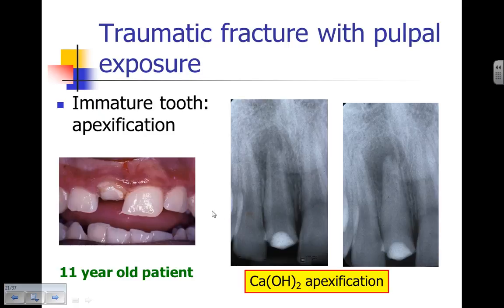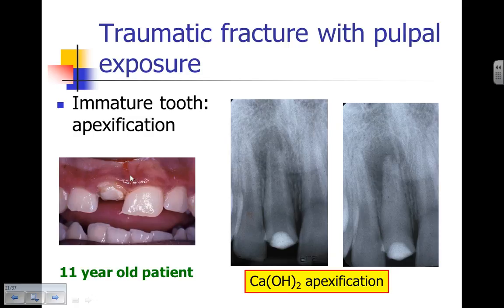In this instance of an 11-year-old patient that I saw, they had an immature tooth. You could see that the apex is wide open. This tooth, in fact, had been fractured and had not been restored for 6 months. It was non-vital. Using calcium hydroxide, an apexification procedure was done.